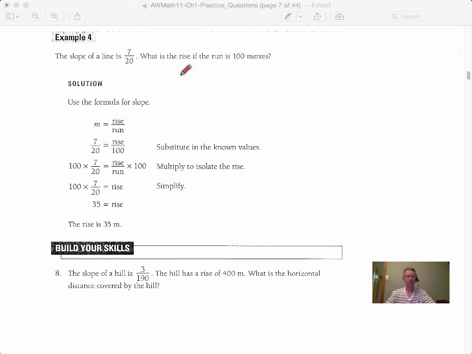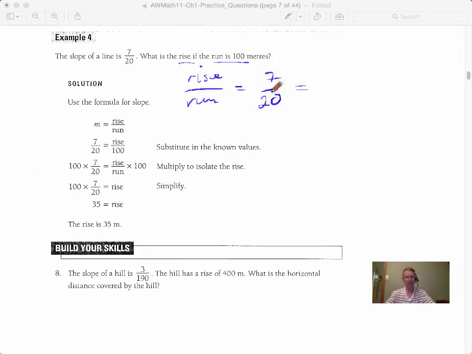So here in example 4, the slope is 7/20. What is the rise? I want to know the rise if the run is 100 meters. Rise over run. We know already 7/20.